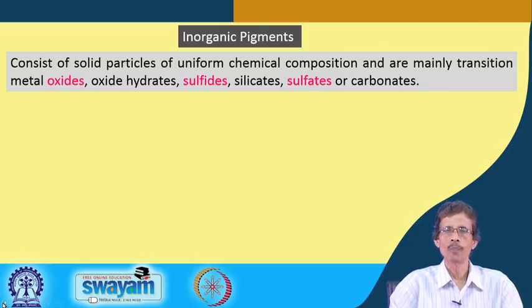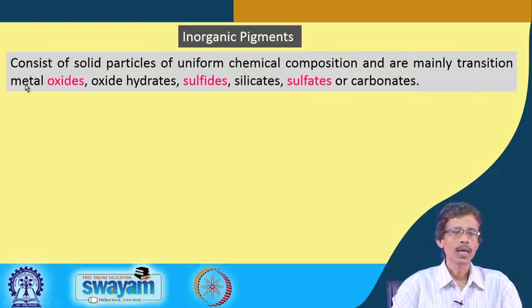Even if it is a mixture of A, B and C in different percentages, say 30% of A, 40% of B and another 30% of C, we maintain that particular mixing stoichiometry to get that particular mixed pigment material. So, uniform chemical composition, and mainly transition metal oxides we will be using.